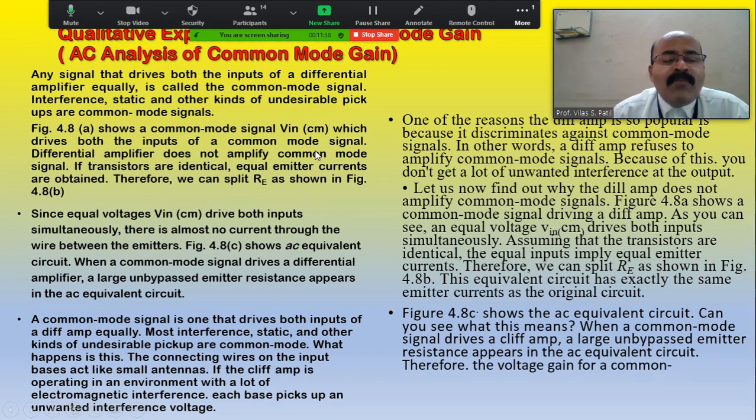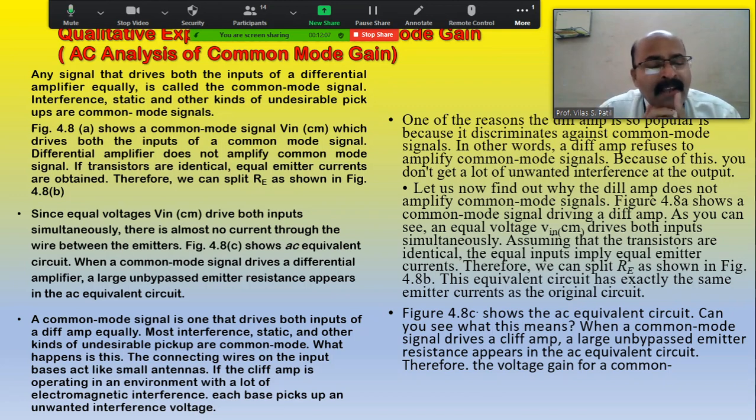The figure shows the common mode. The next PPT will show the figure. The common mode signal, that is Vin common, drives both inputs, and the differential amplifier does not amplify the common mode signal. As both transistors are identical, equal emitter current will be obtained, and therefore it will be split into RE in the next figure.